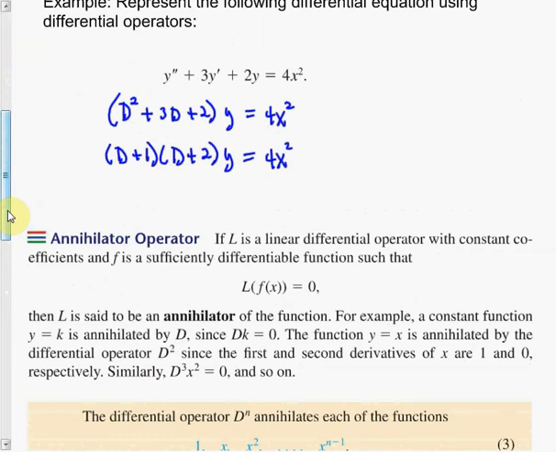To annihilate it, there should be some annihilator operator on f of x that should give me 0. If a function is a constant function, like y equal to k, then just the first derivative will wipe it out. So the first derivative on the constant gives us 0. If the function is x, then the second derivative will wipe it out. So D squared wipes it out.